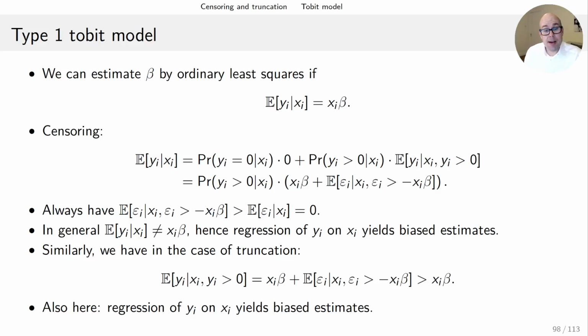Or if you have some prior that censoring will basically not really happen in your case, then you can move on, you're fine. But that is something you have to look into in a particular situation. So that is not something one can say in general. What one can say in general is that running OLS will not be fine.